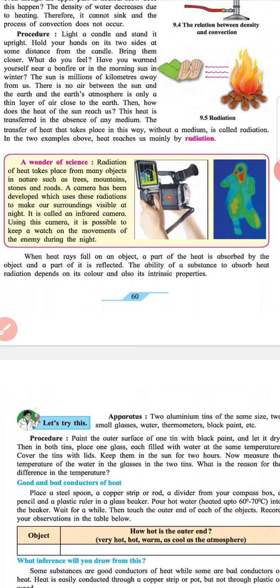Using this camera, it is possible to keep a watch on the movements of the enemy during the night. When heat rays fall on an object, a part of the heat is absorbed by the object and a part of it is reflected. The ability of a substance to absorb heat radiation depends on its color and also its intrinsic properties.